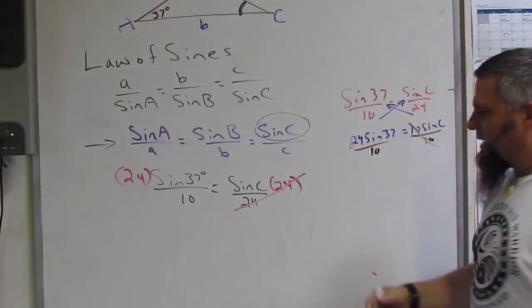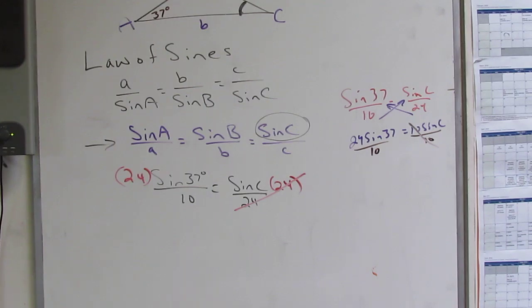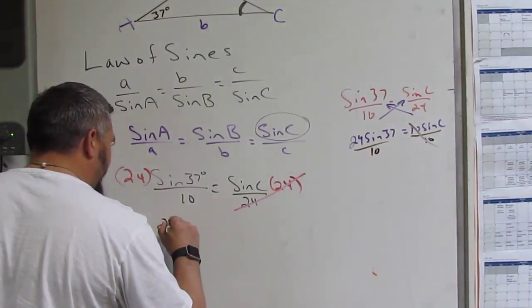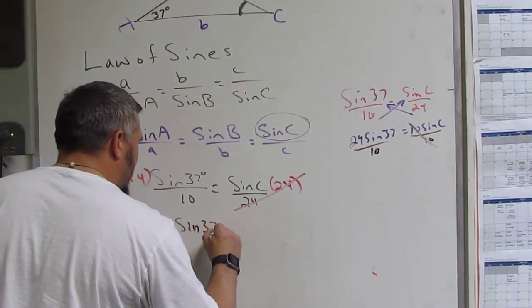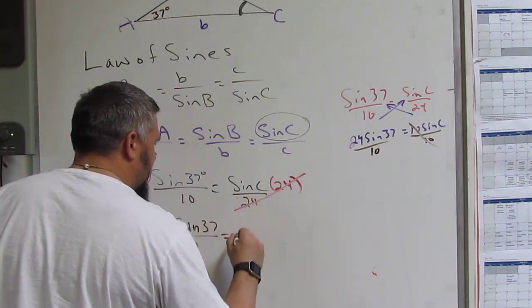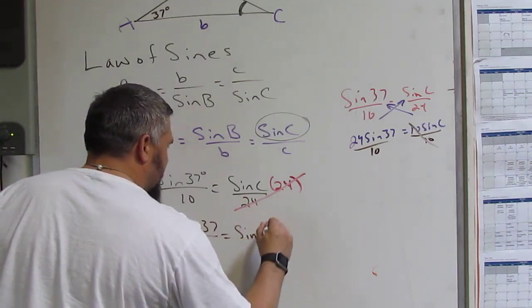All we did was put an extra step, that's all. No big deal. So if you're more comfortable with that method, go with it. Okay? But what we get to is 24 sine 37 over 10 is equal to sine C.